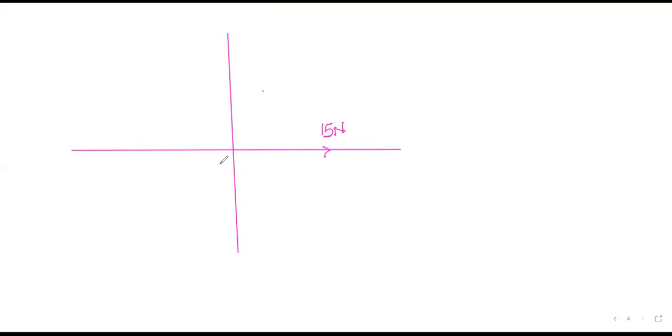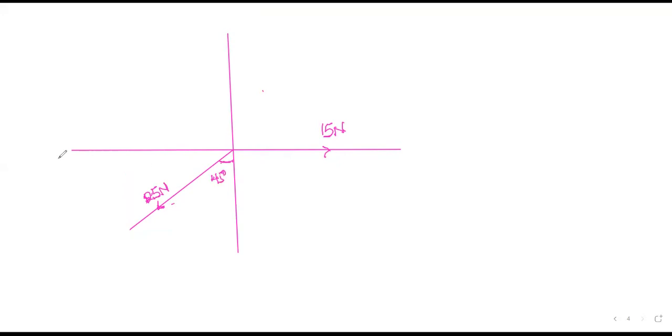We have another one acting at an angle of 45 degrees to this direction. This is 25 Newton. This is 45.